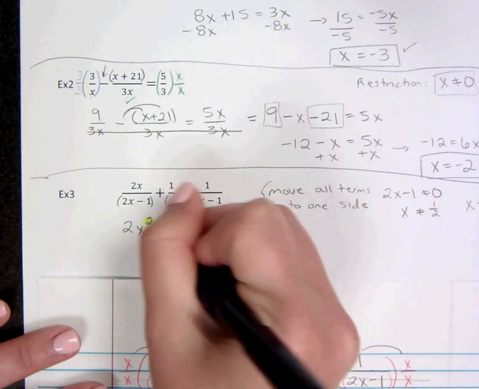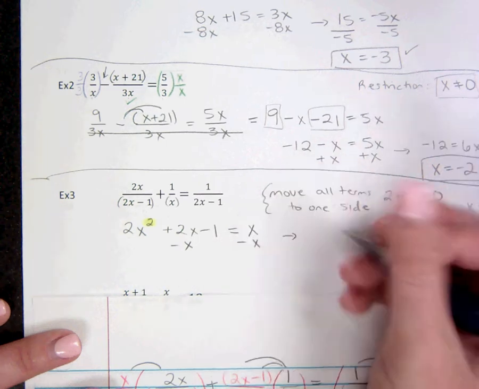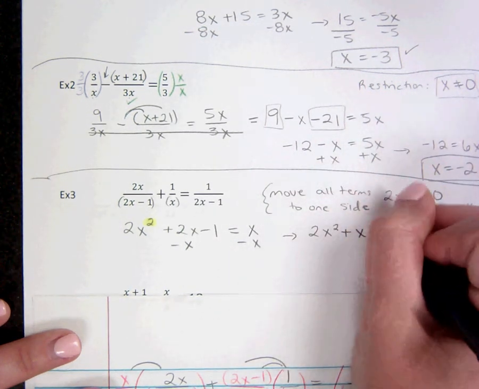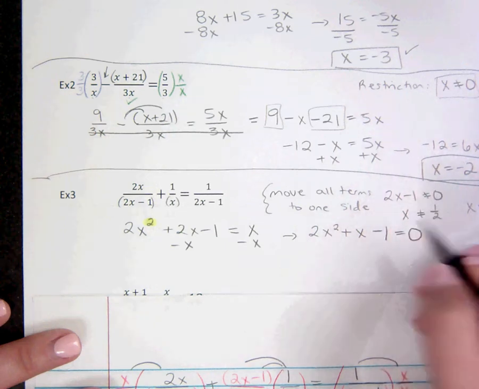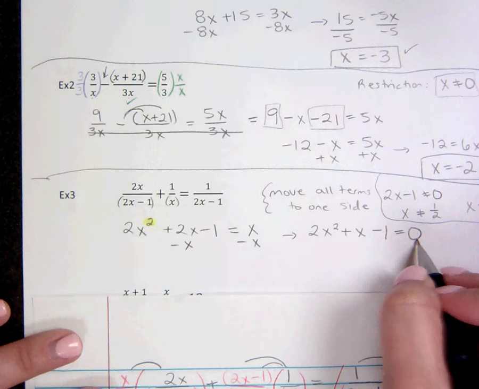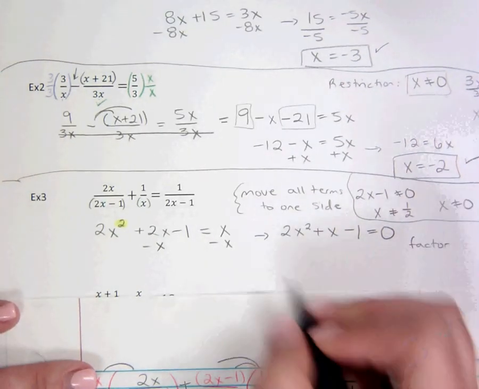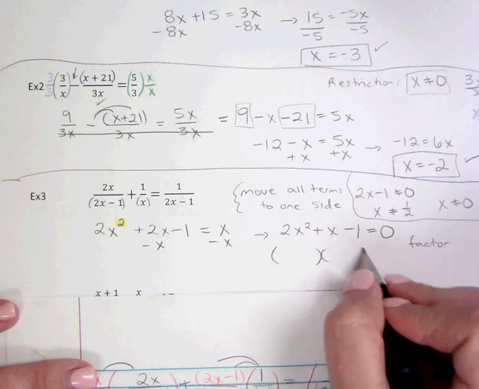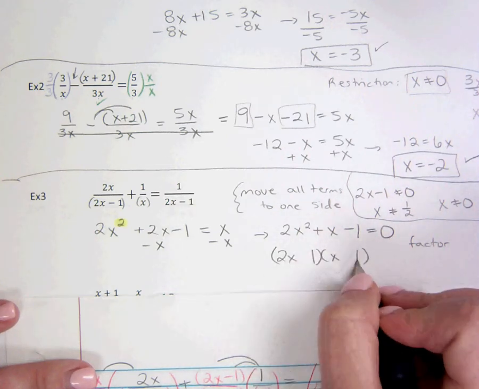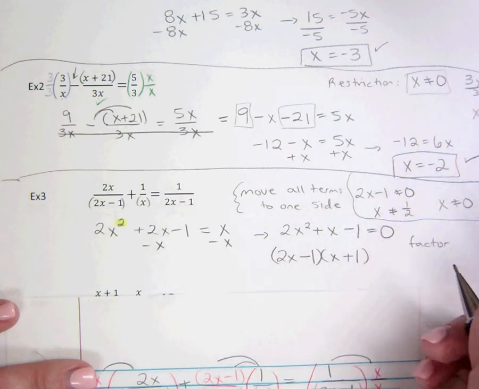So I'm going to move that x to the other side. That's going to give me 2x squared plus x minus 1 equals 0. Once it equals 0, then we're going to factor. I'm just going to factor this real quick. 1 and 1. That will be plus and that will be minus.